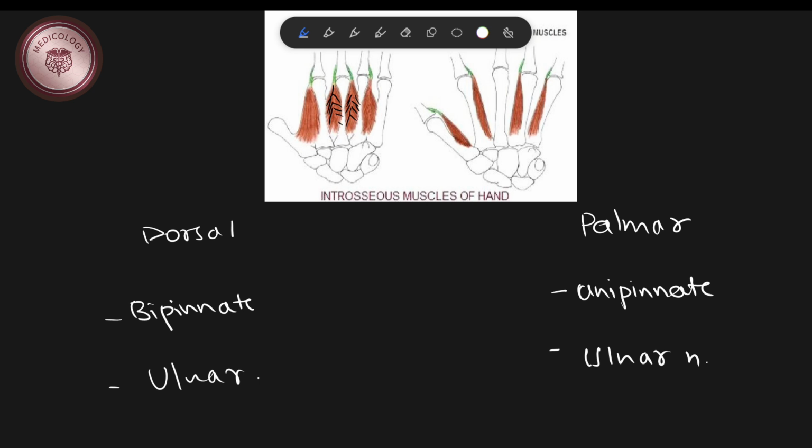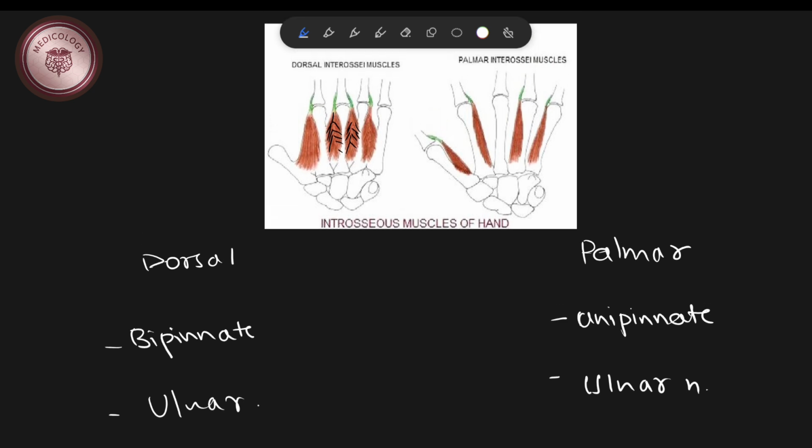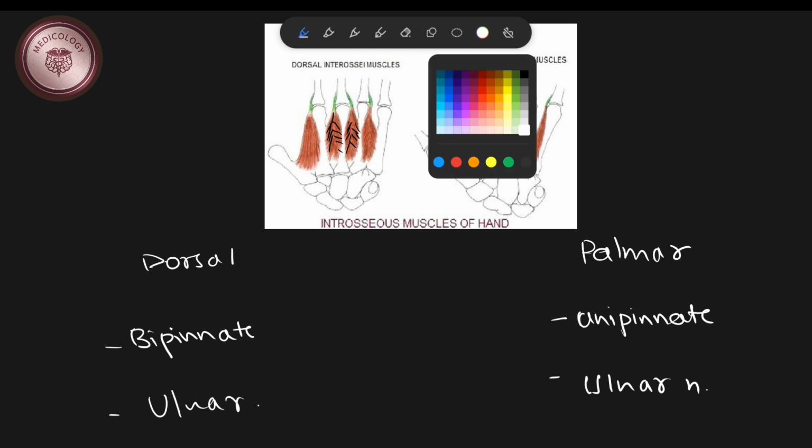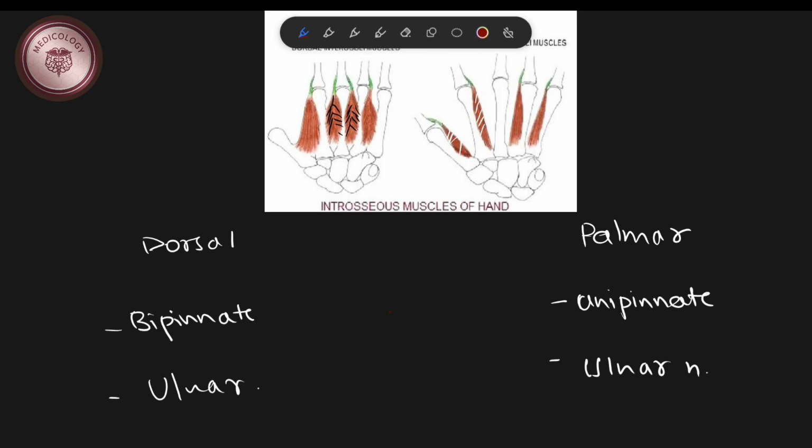What are the actions? Let's see. They are attached to the medial side. So their action should be like this. If they contract, what will happen? It will pull the finger to the central axis. What is the central axis? The middle finger.